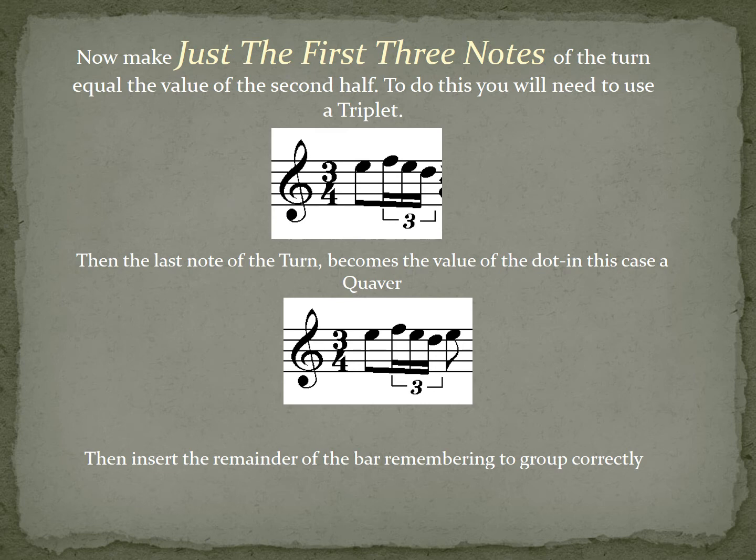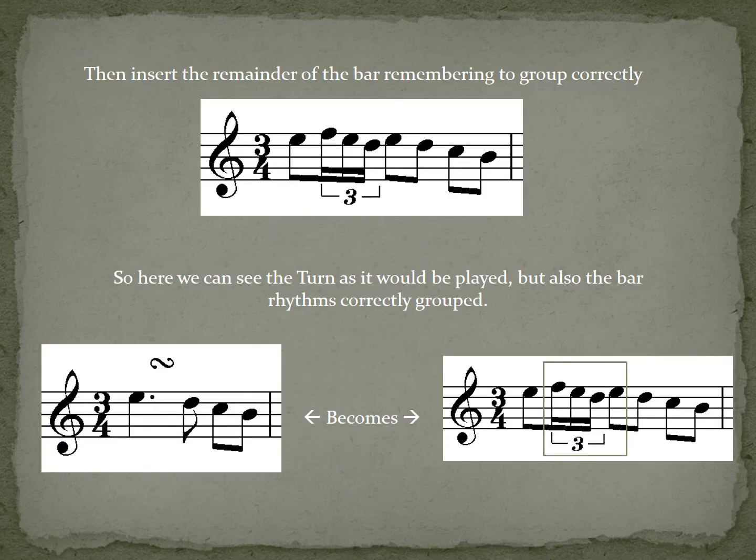And then you insert the remainder of the bar, remembering to group any extra notes in the bar together correctly to form 3 equal crotchet beats in this case. So here we can see the whole example again now. We've inserted the remainder of the bar and remembered to group correctly.